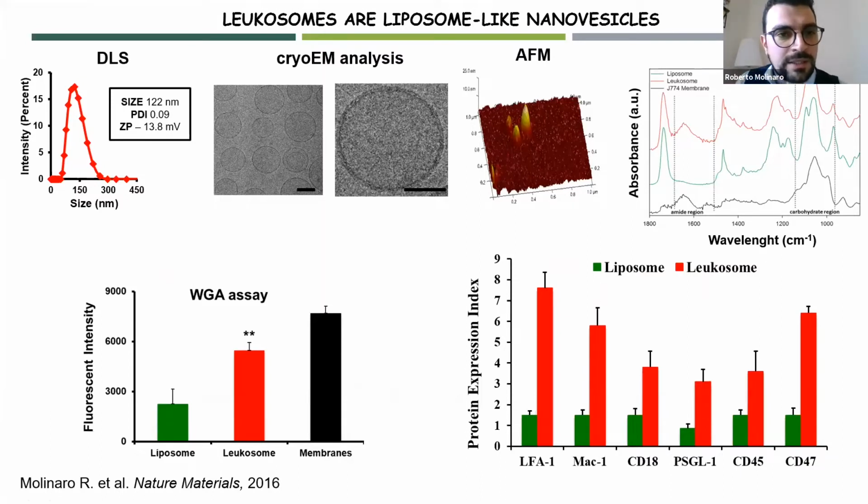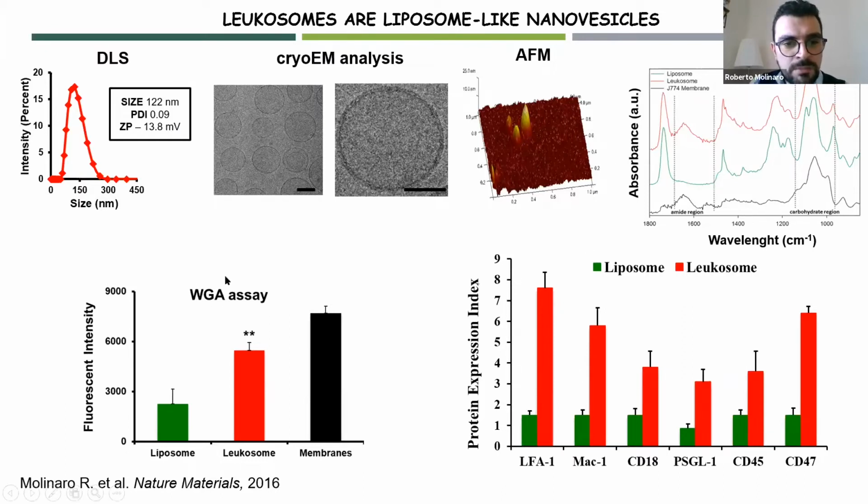Here you can see the physicochemical characterization, which revealed a size of 120 nanometers, a homogeneous formulation in size, as you can see from the PDI polydispersity index value and the cryo-EM analysis, while atomic force microscopy analysis and FTIR revealed a rough surface for those particles due to the presence of membrane proteins.